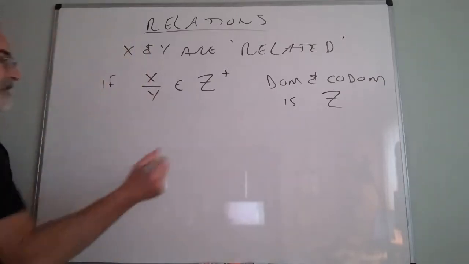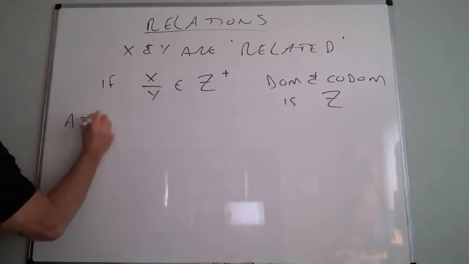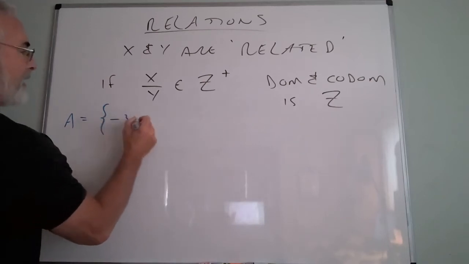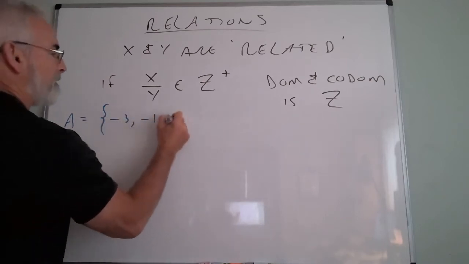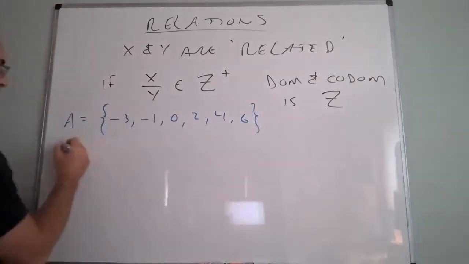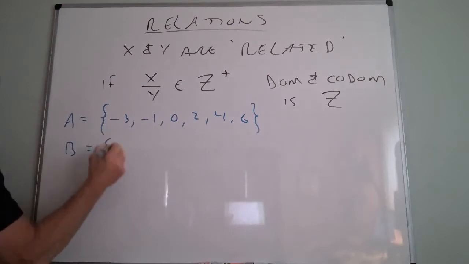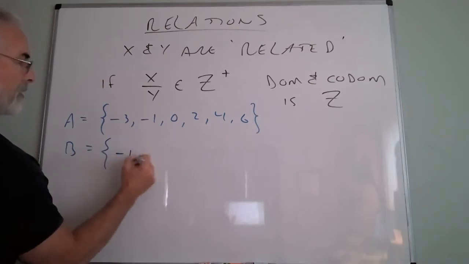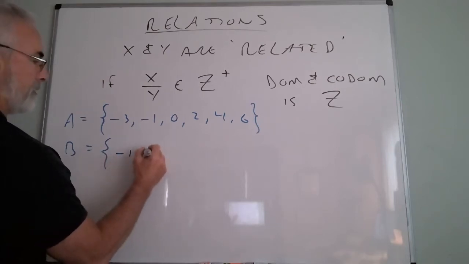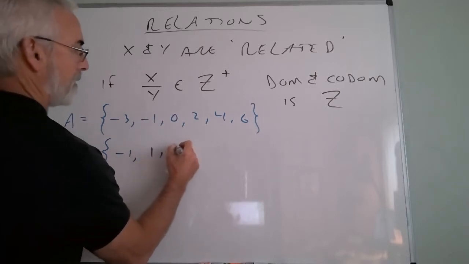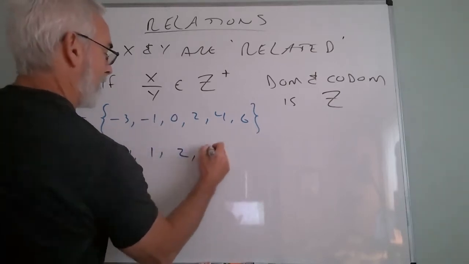So let's define a set. Let's say set A is, how about the numbers -3, -1, 0, 2, 4, 6. And let's say set B is, how about -1, and I want to keep this really simple, 1 and 2 and 3.